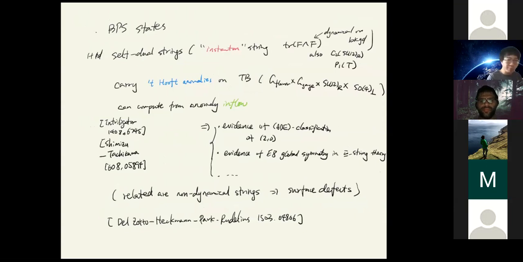Okay, so what are some BPS states in this 6D effective theory that can be described in the 6D effective theory? So there are these self-dual strings. They are 1+1 dimensional. They're also known as the instanton strings in the sense that they're similar to instanton particles in gauge theory instantons in 4 dimensions.